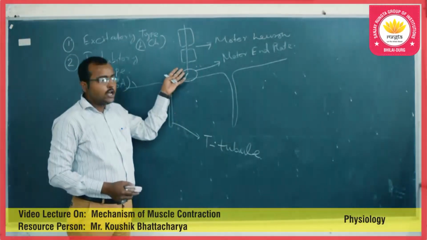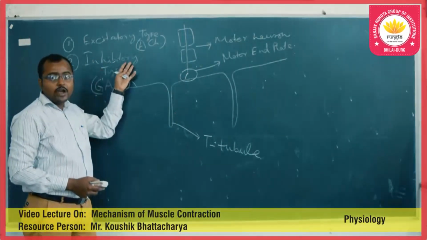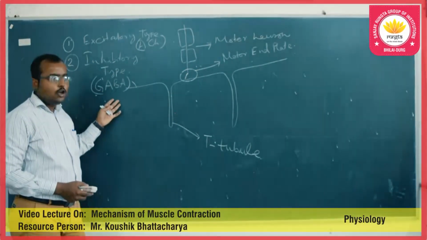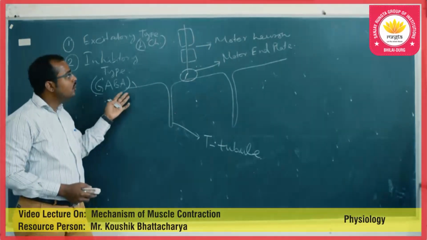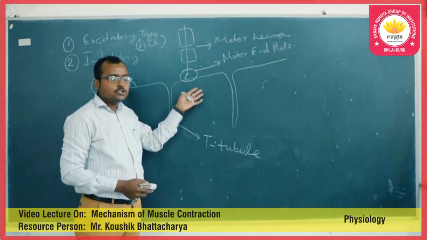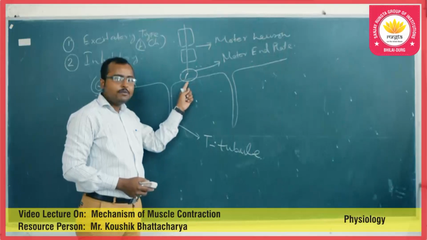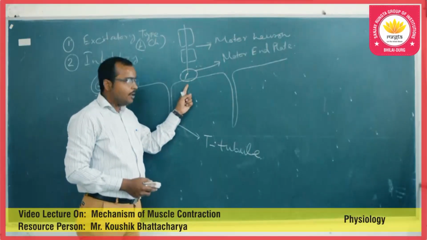So from that axonal terminal, if the inhibitory type of neurotransmitter is released, at that moment it will act on the postsynaptic membrane or postsynaptic area. That means here the postsynaptic area is the sarcolemma.